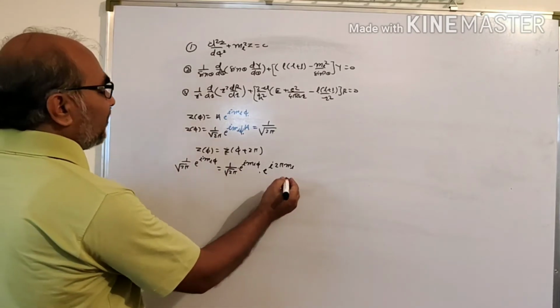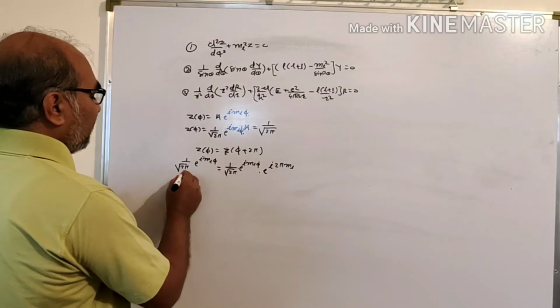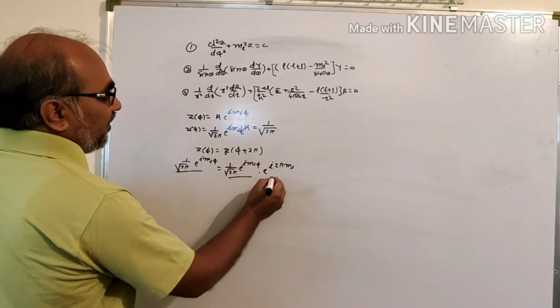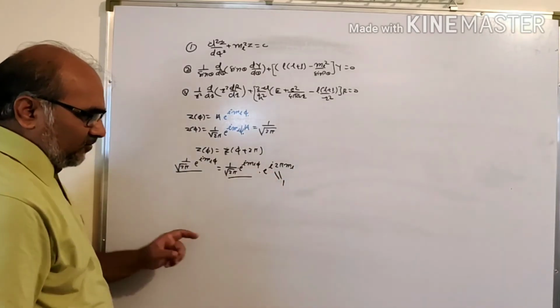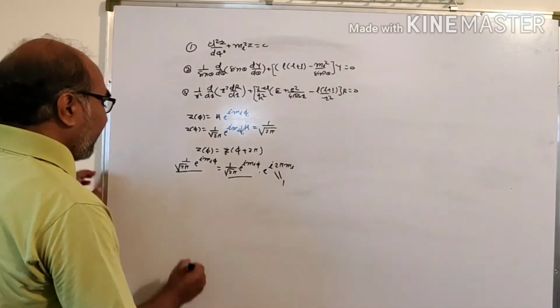So this is equal to 1, and therefore e raised to i 2 pi ml is equal to 1.